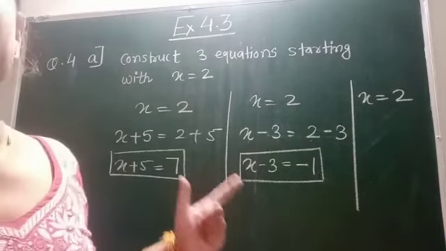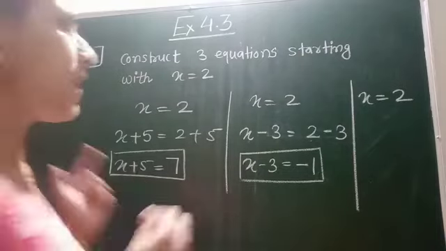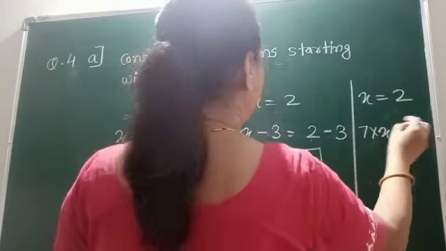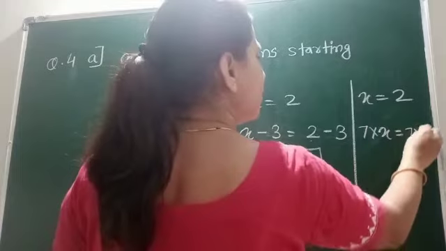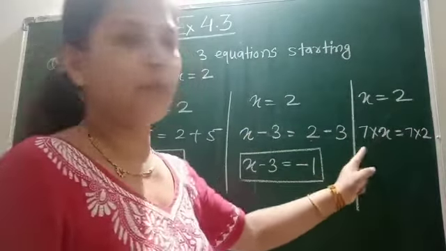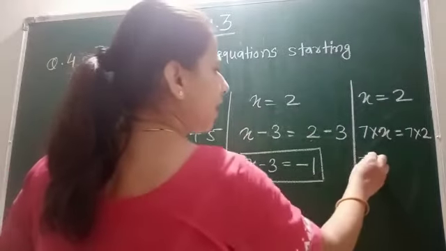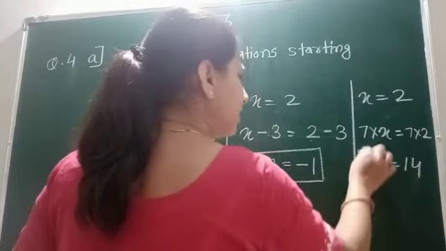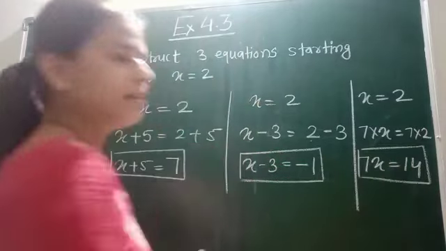So I am multiplying both sides by 7. So what we will get? 7 into x equals 7 into 2. As you can see, I am multiplying the same number on both sides. So we get 7x equals 7 2s are 14. This one is our third equation.